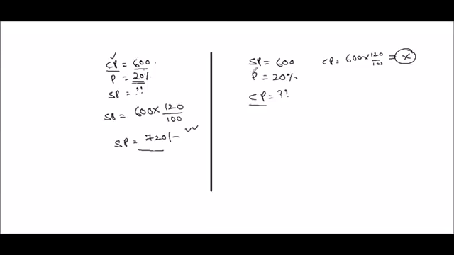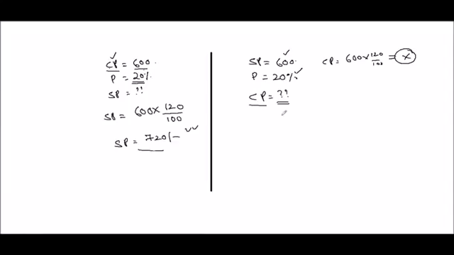Because the concept is very simple. Here, the selling price is 600 and profit 20%. What is the implied meaning of this? On a certain cost price, after getting 20% profit, I got the selling price as 600. They are asking us to find out what that cost price is.